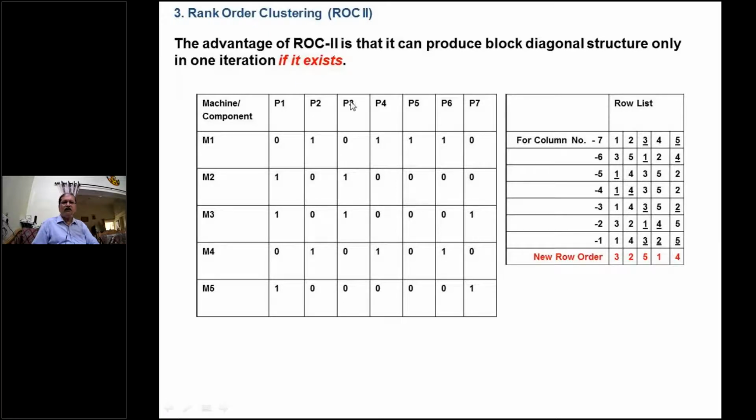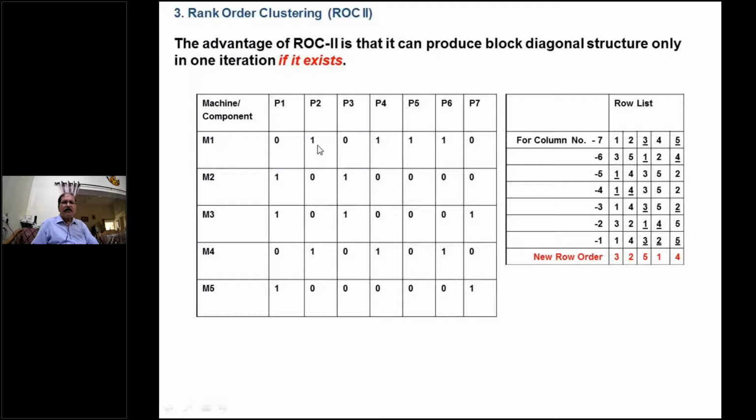Then go to column 3. In column 3, row 2 and row 3 are underlined because they have ones, so they have been underlined and brought to the back. So it becomes 3 2 1 4 5. Then go to column 2.